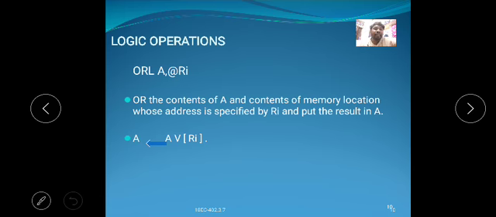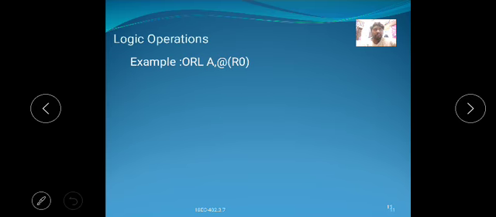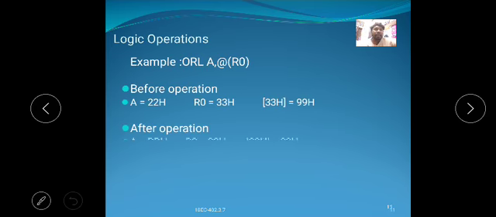ORL A, @Ri: OR the content of A and the contents of the memory location whose address is specified by Ri and put the result in the accumulator. A tends to A OR address of Ri. Example: ORL A, @R0.